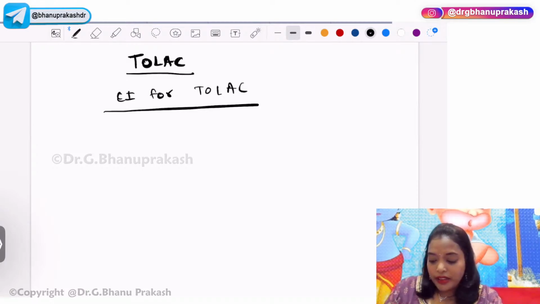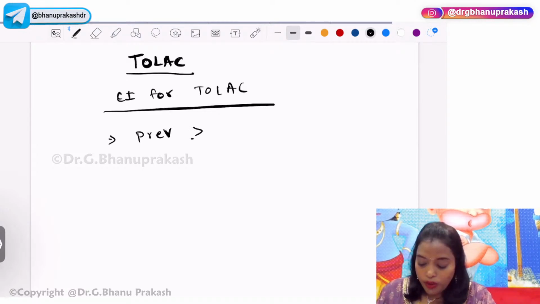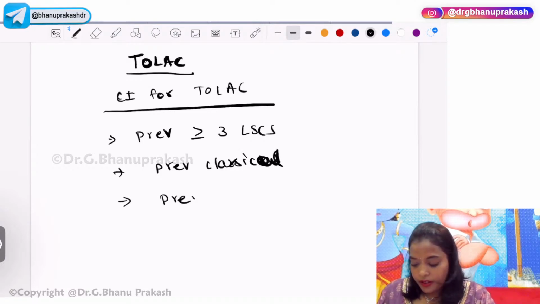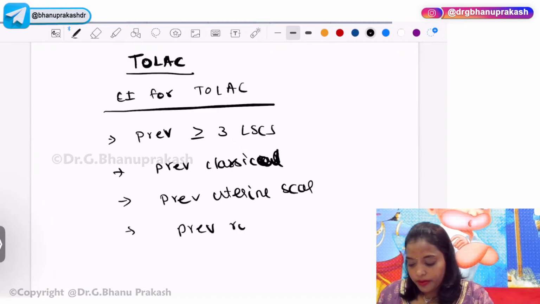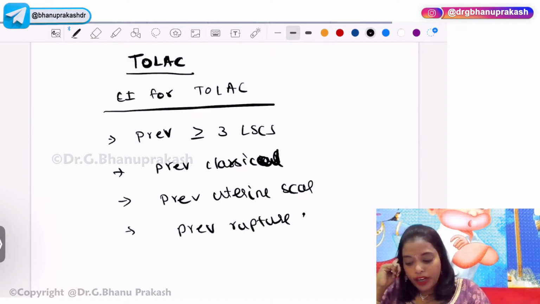The contraindications for TOLAC are previous three or more lower segment cesarean sections, previous classical, previous uterine scars due to surgeries like myomectomy or hysterectomy, and previous rupture. So whenever any of these conditions are there, you cannot do TOLAC, that is trial of labor after cesarean. Okay.